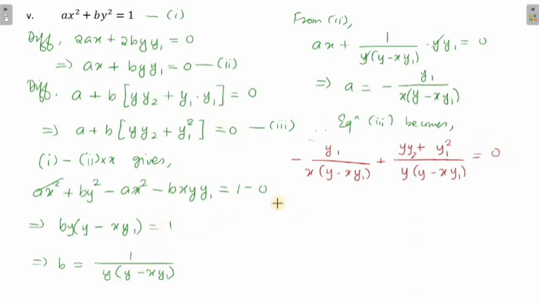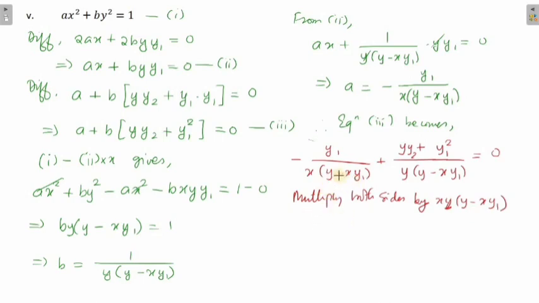Okay, so what you can do is multiply both sides by xy into y minus x y1, and let's check how much we get.